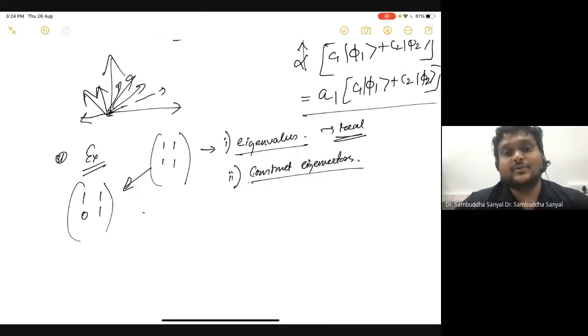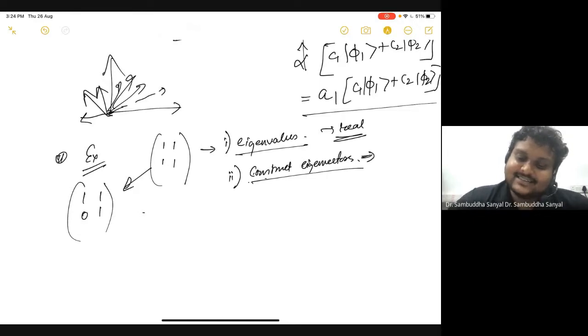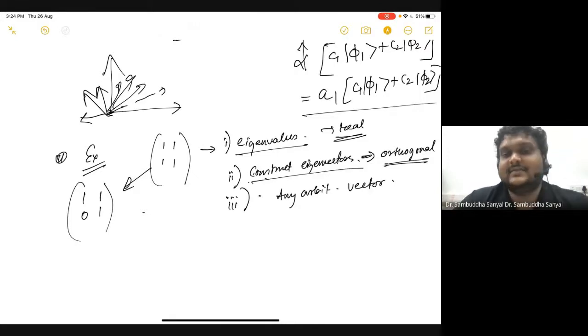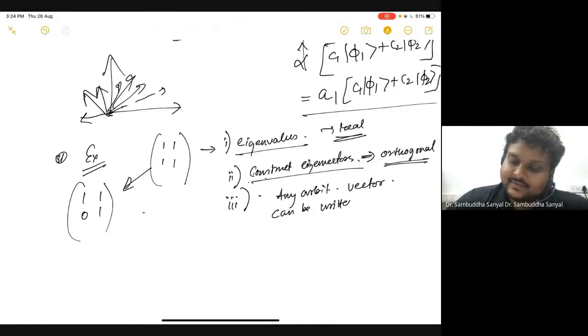It's very important. If you don't do that, next semester you will forget again. Not even next semester, next week you will forget. Then construct the eigenvectors and check if they are orthogonal, and orthonormal actually. Then show that any arbitrary vector in this two-dimensional vector space can be written as a linear combination of these eigenvectors, which means they span this space. They form a basis.